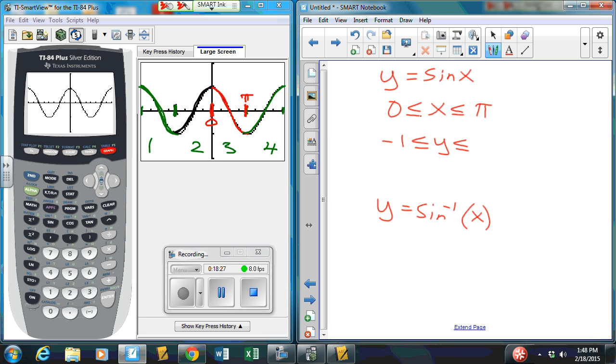Negative 1 and 1. But if I switch those around, now x has to be between negative 1 and 1, and y has to be between 0 and pi. In other words, on inverses, my answer is the angle. I'm looking for the angle. So, by the way, look at the unit circle.